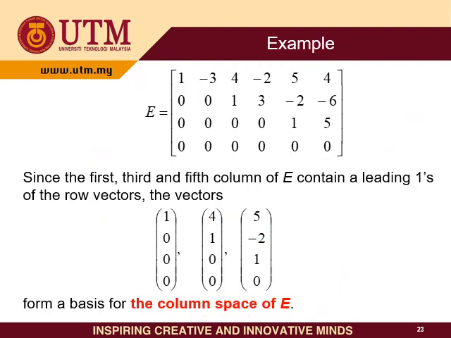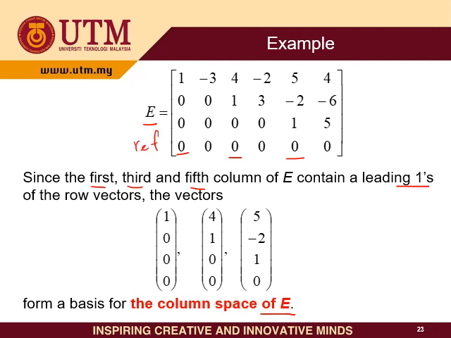Alright, based on the explanation from the previous slides, you can see here, since the first, third, and fifth columns of E contain leading ones, the vectors 1, 3, 5 form a basis for the column space of E. Remember, this is the basis for column space E, which is in row echelon form.